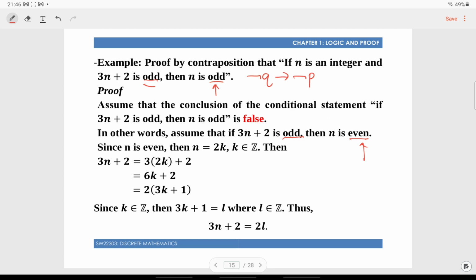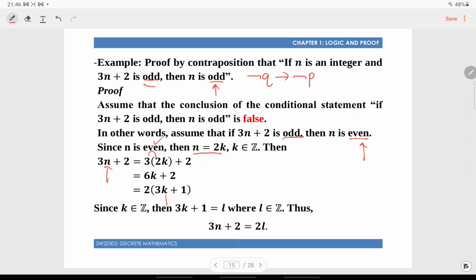Since n is even, by definition, it can be written like this: n equal to 2k, where k is an integer. Then we have 3n plus 2, the original statement. 3n plus 2 equals, we substitute n by 2k, so 3(2k) plus 2. And then we expand this one, we have 6k plus 2. Again, we can factorize, it becomes 2(3k plus 1).